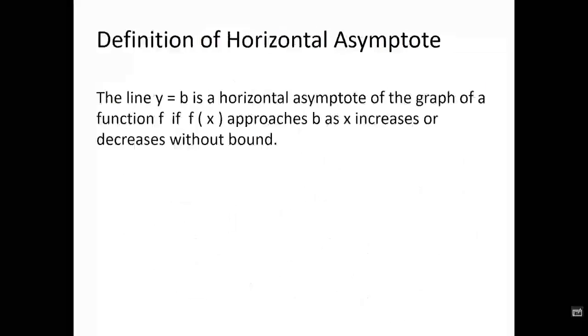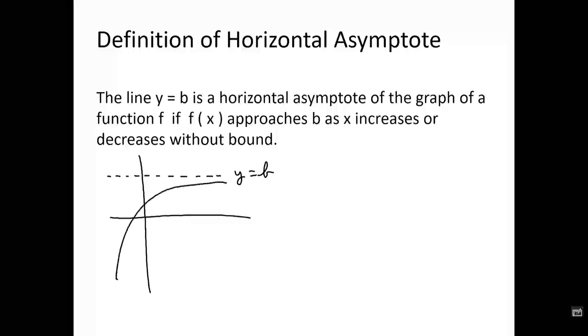Now, let's look at the definition of a horizontal asymptote. If we have a graph, and let's say that this is the line y is equal to b, and this is the graph of our function.